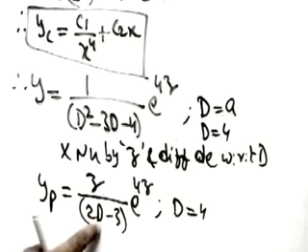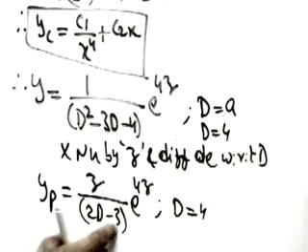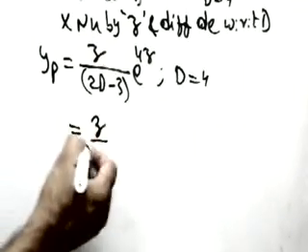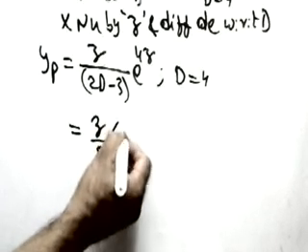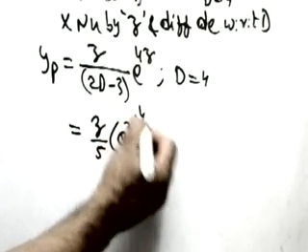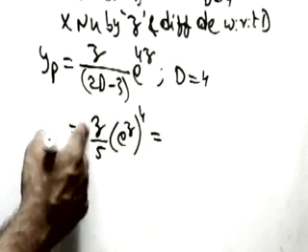Now we can keep d equals 4. 2 4s are 8, 8 minus 3 is 5. So we can write z by 5, e power z whole power 4.